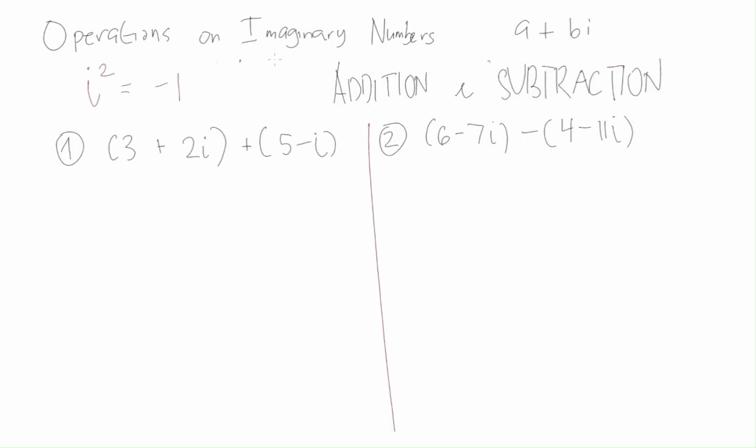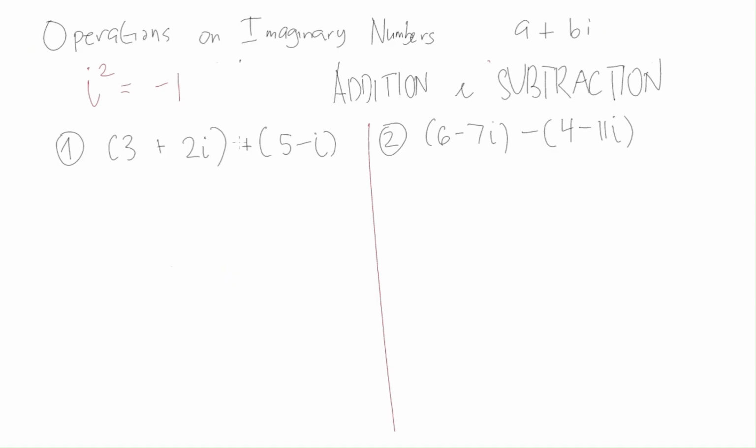Remember this. When we're going to do operations on imaginary numbers, what's fun about this is it's just the same as adding polynomials together. For example, this is 3 plus 2i plus this other binomial, 5 minus i. We can think of it as 3 plus 2x plus 5 minus x, the same principle as how we add polynomials.